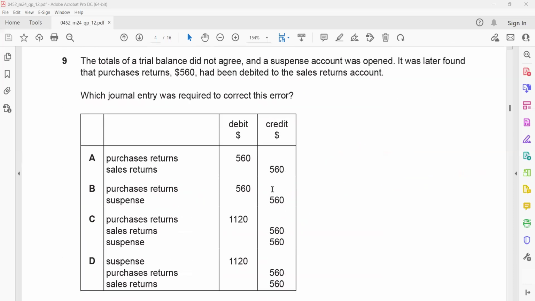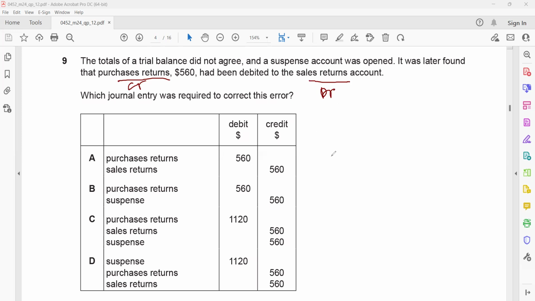Question 9. The total of the trial balance did not agree and a suspense account was opened. It was later found the purchases return had been debited to the sales return account. Sales return account should be debit. Purchases return account should be credit. So we accidentally debited the sales return.